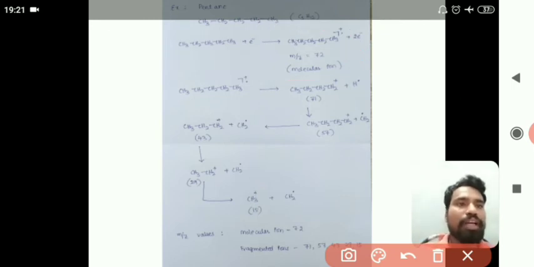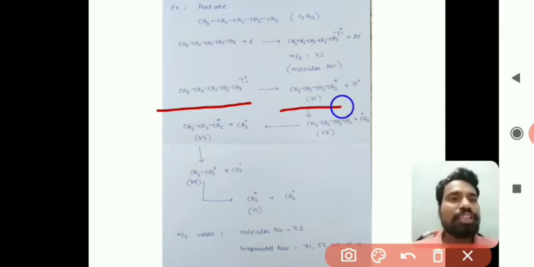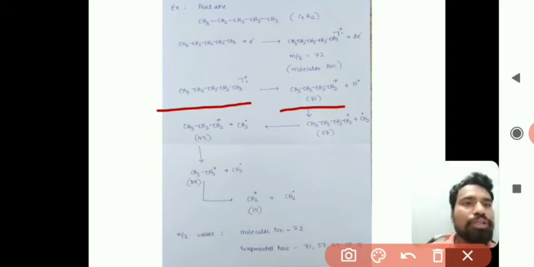The radical cation formed then undergoes fragmentation. As we know, in simple alkanes the bond breakage takes place between carbon and hydrogen. So now what will happen? This forms CH3 CH2 CH2 CH2 CH2 plus and H dot. So a pentyl carbocation is formed with a hydrogen radical removed.